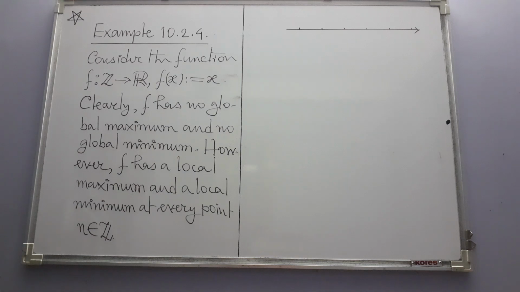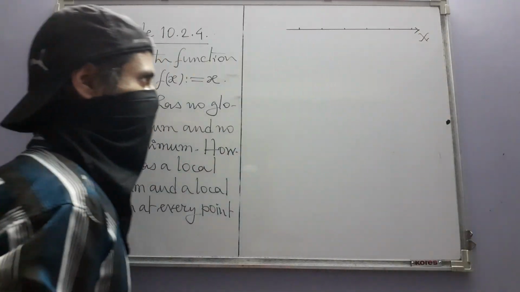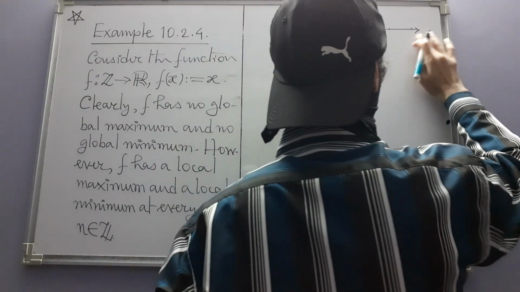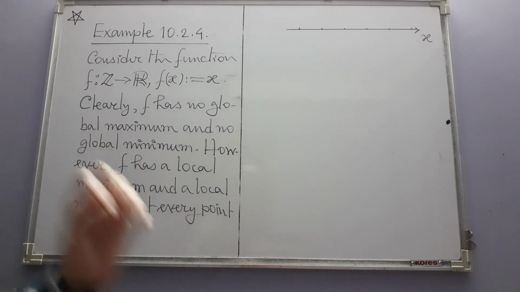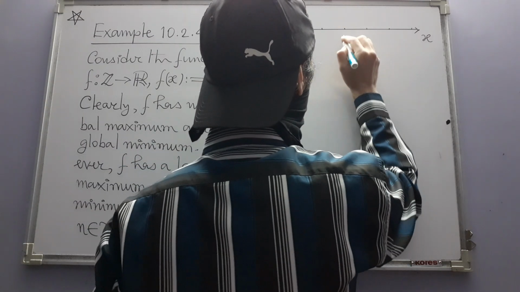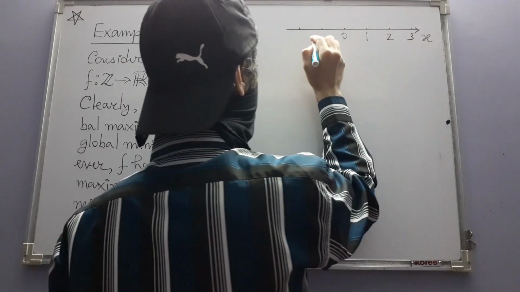So this is my x-axis, and of course this small x. The entire x-axis is not the domain, only the integers. And say the integers are present here, like this.